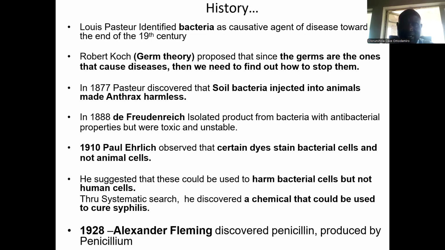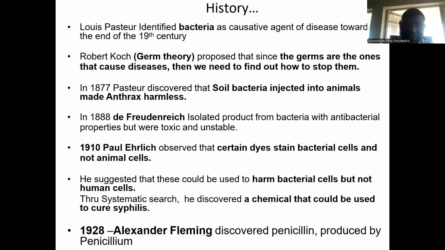In 1888, Emmerich isolated a product from the bacteria with antibacterial property, but it was toxic and unstable. While Ehrlich in 1910 observed that certain dyes stain bacterial cells and not animal cells. So that's where selective toxicity began to gain popularity.